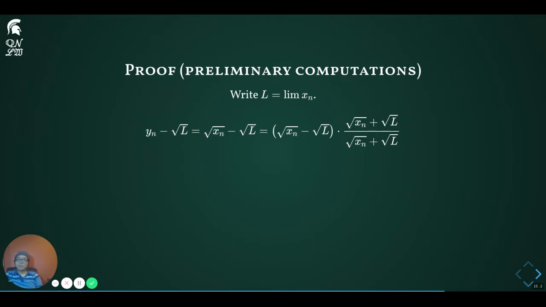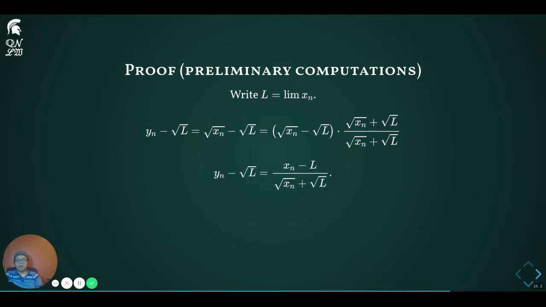To implement the rationalization process, what we do is notice that the difference of two square roots can be simplified using the formula a squared minus b squared is equal to a plus b times a minus b. So we multiply our difference in square roots by the conjugate. That is, we multiply and divide by square root of x sub n plus square root of L.